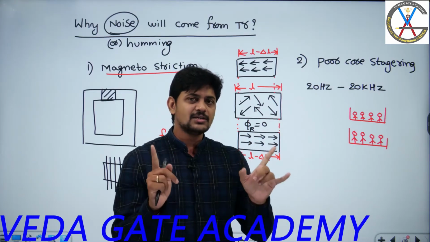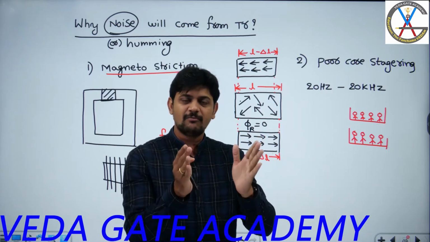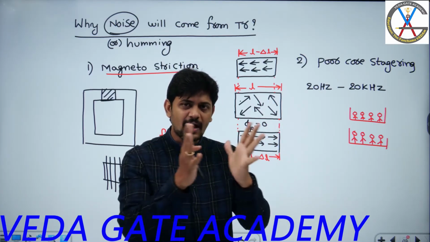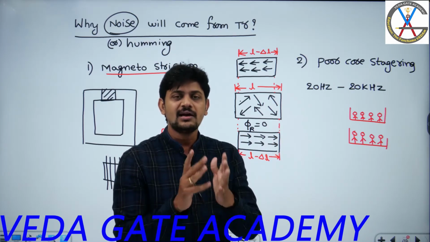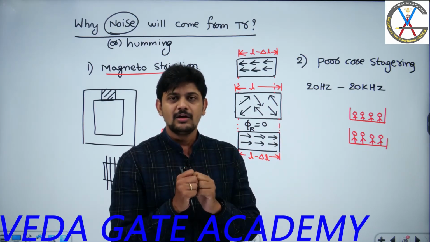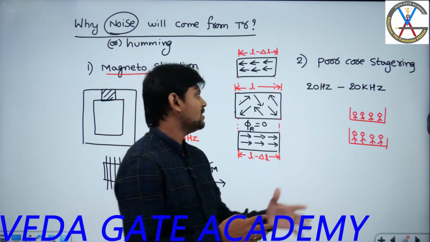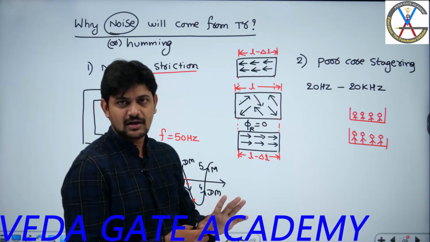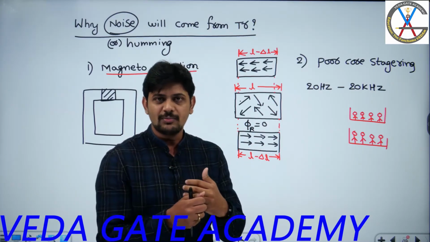That is the reason we always need to use butt joints or some other method, in such a way that all these magnetic plates are tightly bunched together, tightly riveted together, tightly staggered together. If all these laminations are tightly bunched or staggered, then we cannot say it is poor core staggering. In that case, you won't get vibrations and you won't get any noise from the transformer.